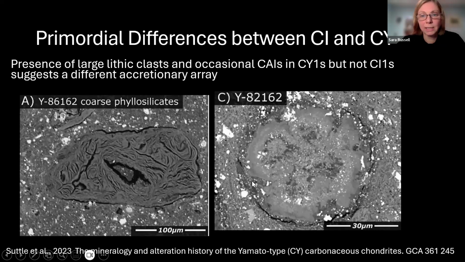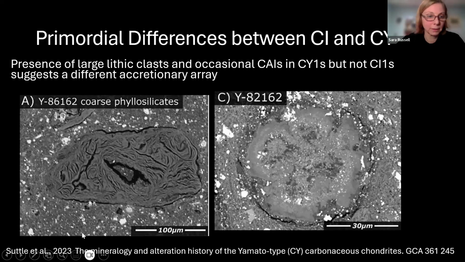And on the right is a vestige of an old CAI, also in Y86162. So these are described in Suttle's paper of 2023. And so these seem to be perhaps evidence that they accreted different material than the CIs. It might be something a bit different.